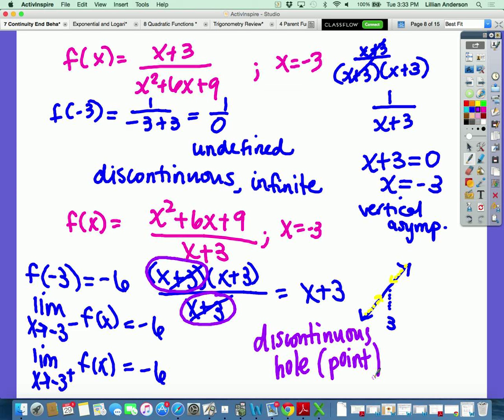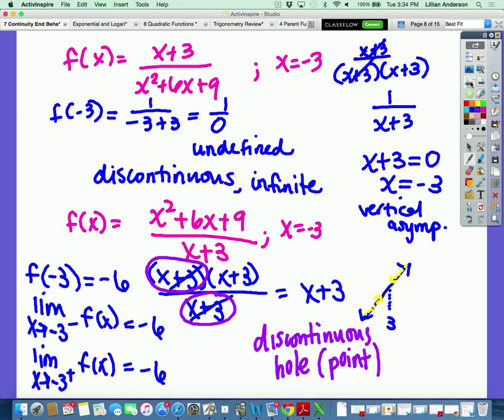Anytime you have to cancel out a factor and the solution to that factor is what's given to us, then you have a hole or removable discontinuity. All right?